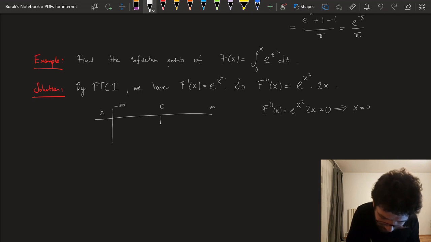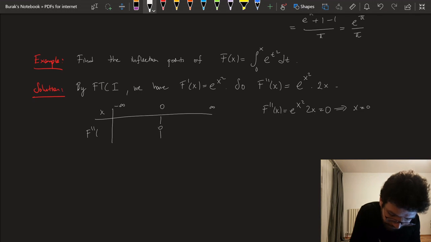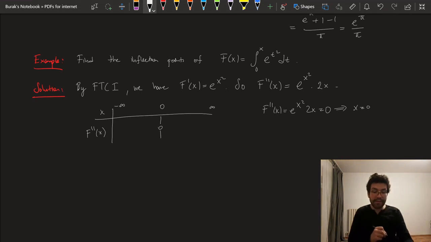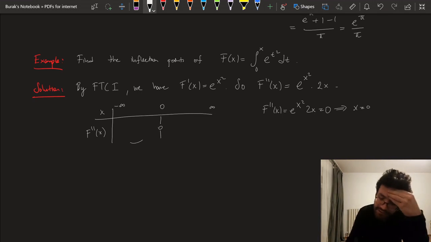At the moment, I do not know whether this is an inflection point or not, but if you plug numbers into the second derivative, you'll see that this first term is always positive because it's e to the power something. And if I plug in a negative x, the second derivative is going to be negative, and for positive x it's going to be positive.